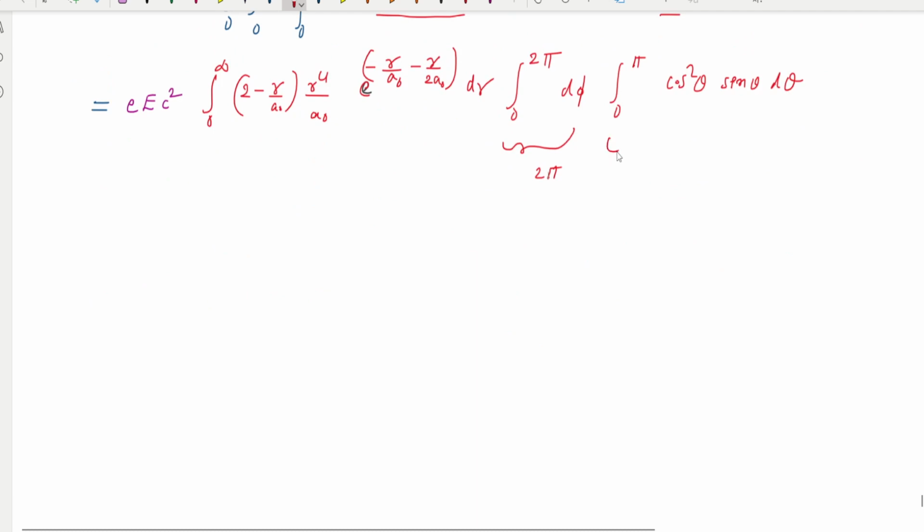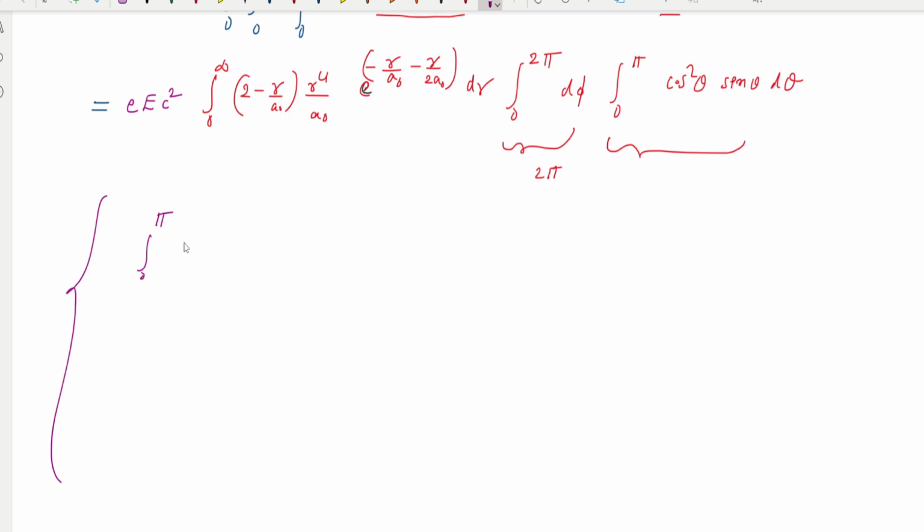This integration I'm going to solve right now here. I want to solve this integration, right? 2 pi, cos square theta sin theta d theta. Let cos theta equal to t.